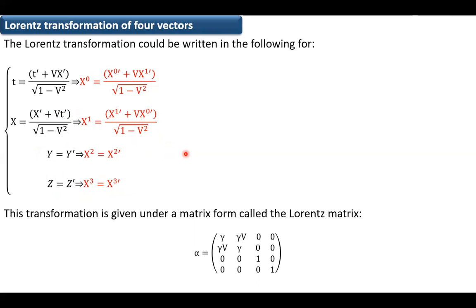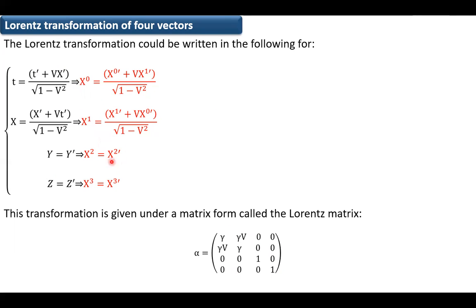You can put it in matrix form using the Lorentz matrix, which is this matrix: gamma, gamma v, 0, 0, then gamma v, gamma, 0, 0, then 1, 1, and the rest are zeros. And you can take it from here.